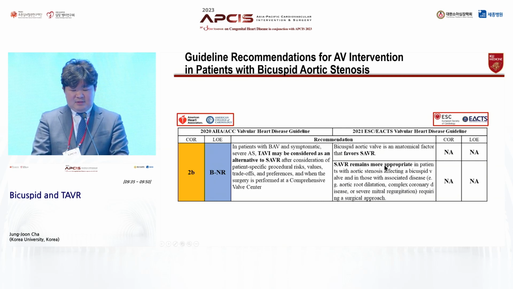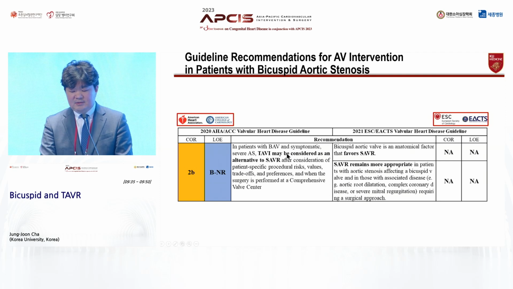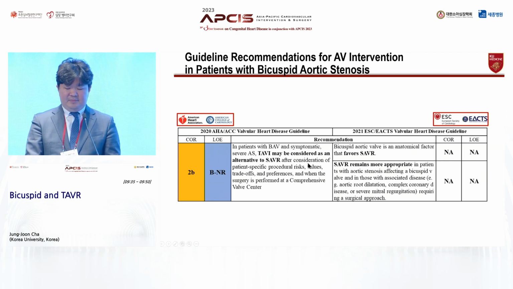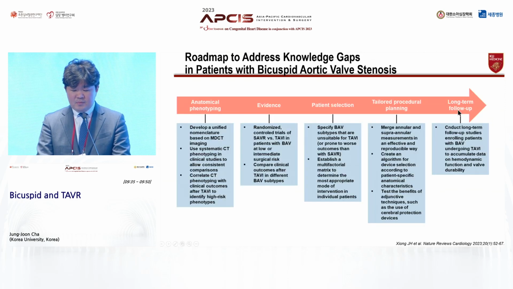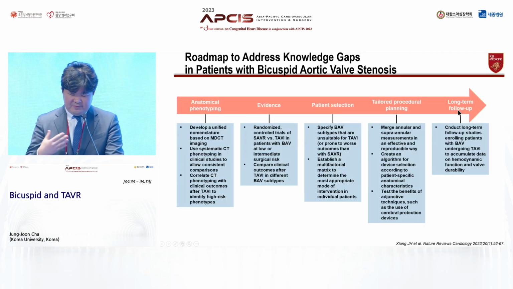The guidelines say different things about the bicuspid aortic valve. The AHA and ACC guideline says TAVI may be considered as an alternative to SAVR, but ESC and EACTS do not. So there is a roadmap going forward to address knowledge gaps. Of course, we need an RCT of SAVR versus TAVR in patients with bicuspid aortic valve at low and intermediate surgical risk.